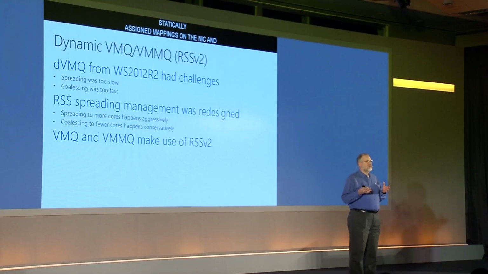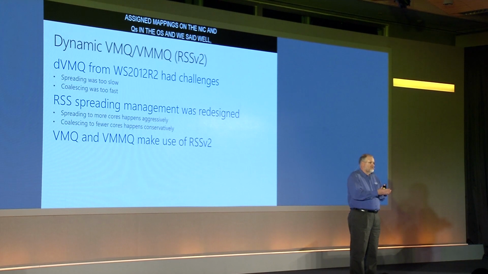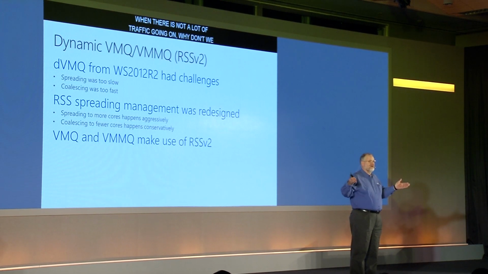So we said, when there's not a lot of traffic going on, why don't we consolidate everything down to 1 or 2 cores? And then when the network traffic picks up, we can spread it back out and use more cores for networking traffic.